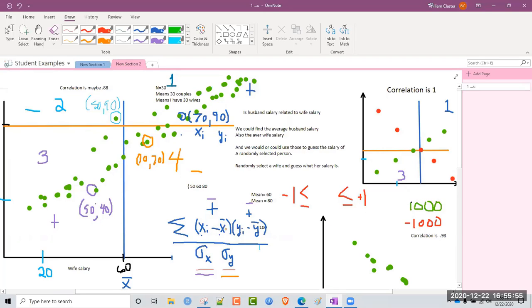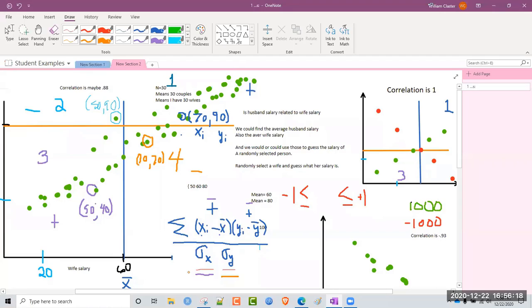This was really important for doing that, but it wasn't bounded. So this could be as high as 1,000, or as low as negative 1,000, or even larger than 1,000. It can get really big. We don't really want that. We want to make sure that the calculation is always between +1 and -1.